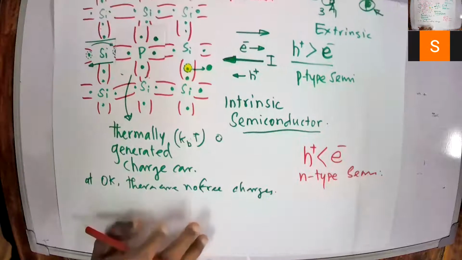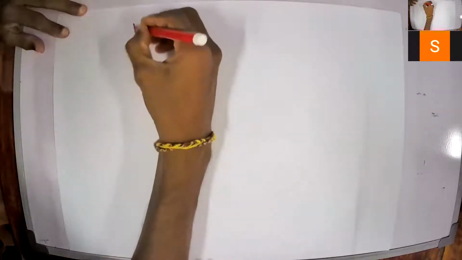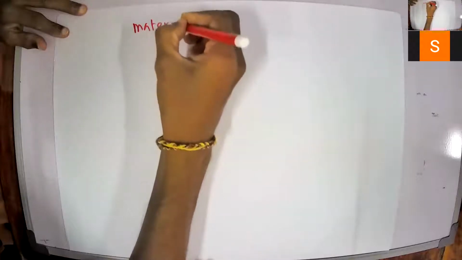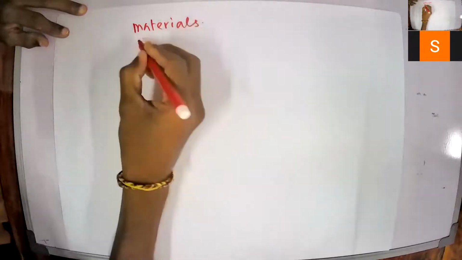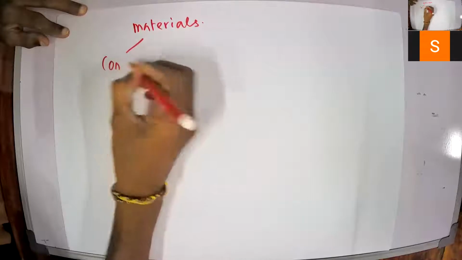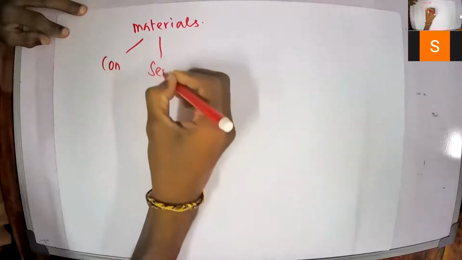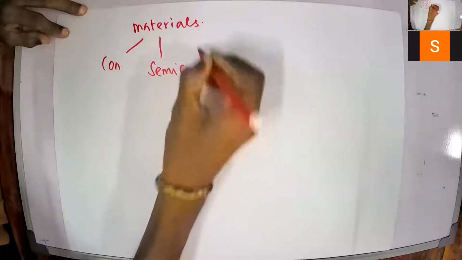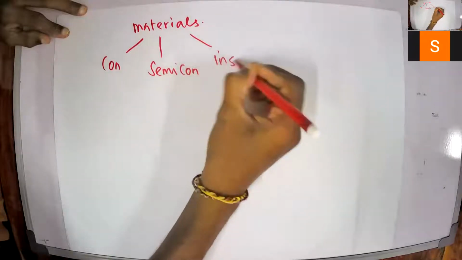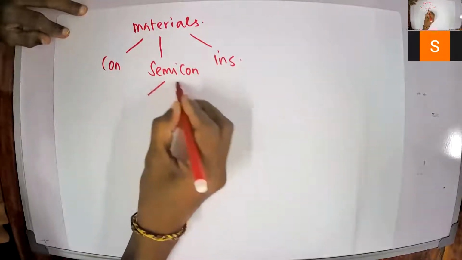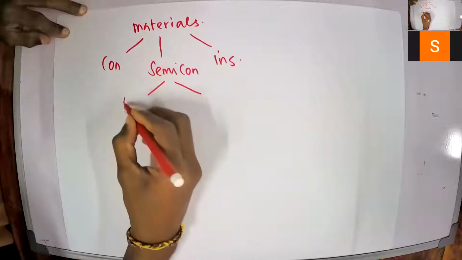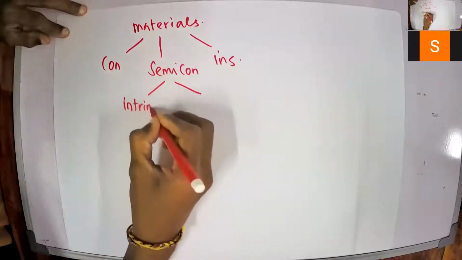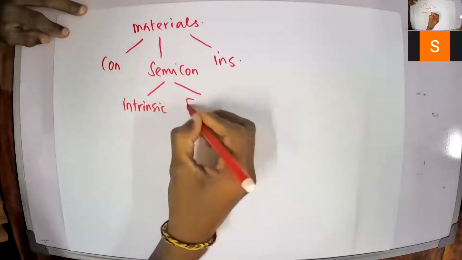So we can come to a summary. I would say materials, right? Conductors, semiconductors, insulators, right? Semiconductors I can divide into two. One is intrinsic, the other one is extrinsic.